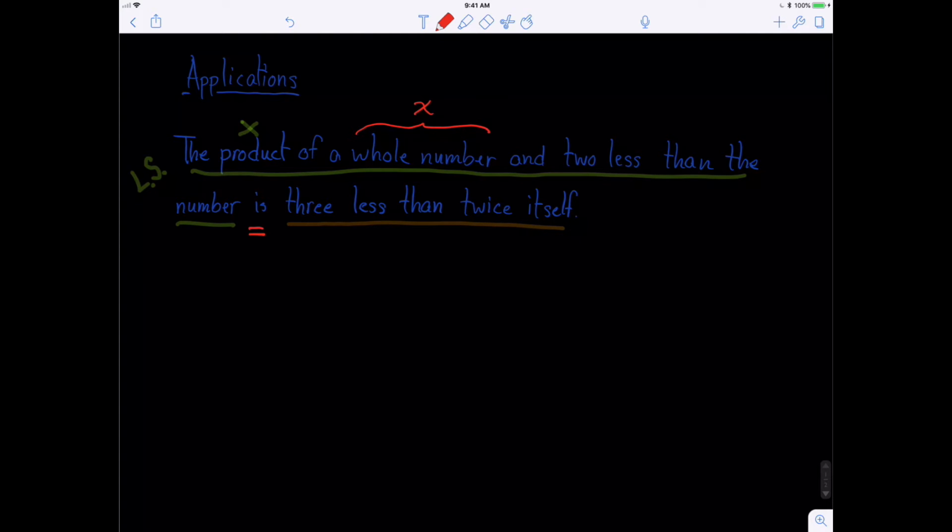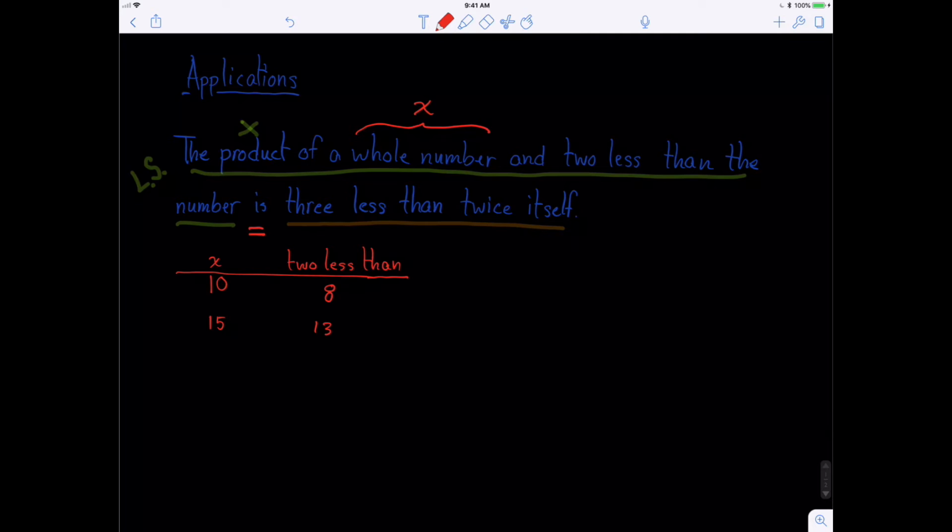So for example, if the number was 10, we'll call it x, then 2 less than is what? Well, a number that's 2 less than 10 is 8. Or if the number was 15, a number that's 2 less than 15 is 13.